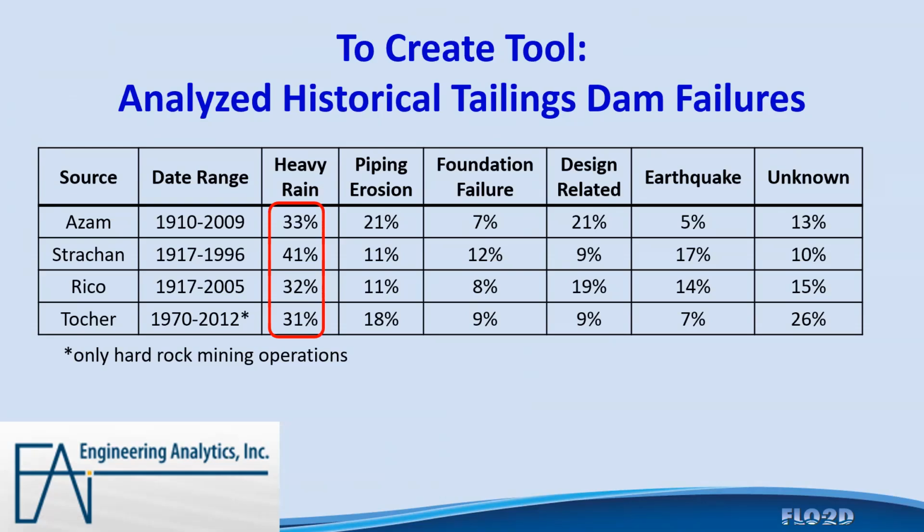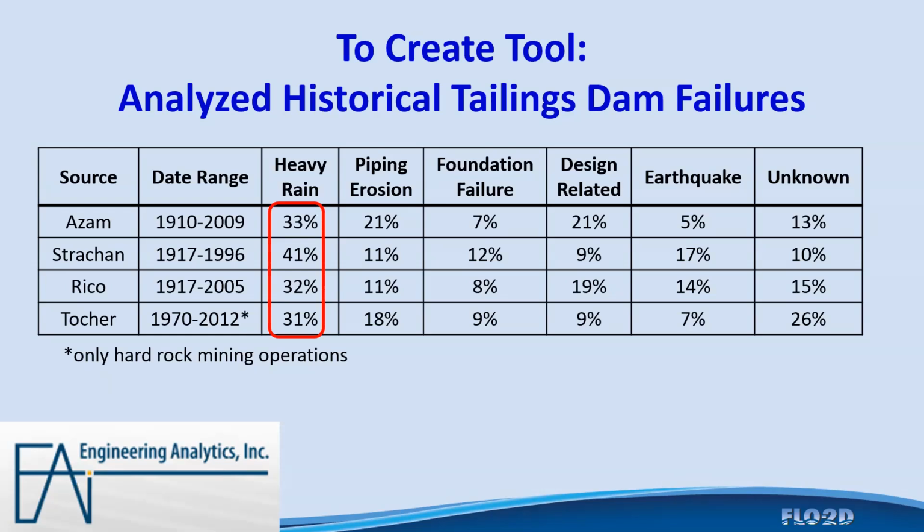So we put together the data and we analyzed how many of these tailings dams are failing because of heavy rain, piping, foundation failure, or earthquake. We categorized the failure modes and grouped the tailings dam failures into different categories.